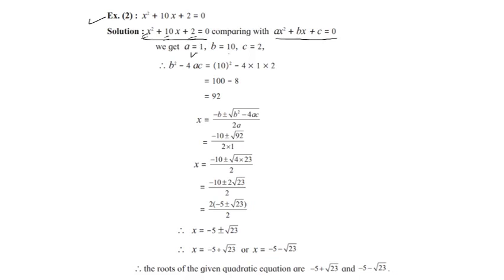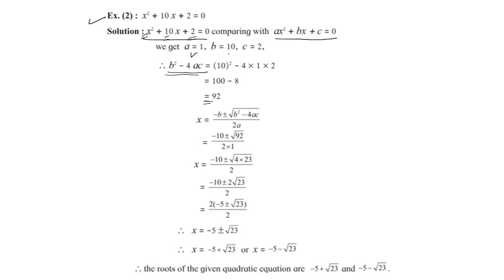First we calculate this term, b square minus 4ac. After substituting the values of a, b, c: b square, that means 10 square, minus 4 into the value of a which is 1, into the value of c which is 2. After calculating, we get 92.